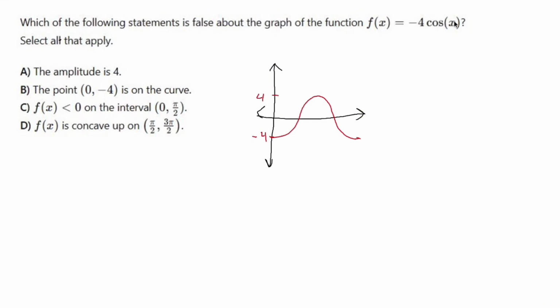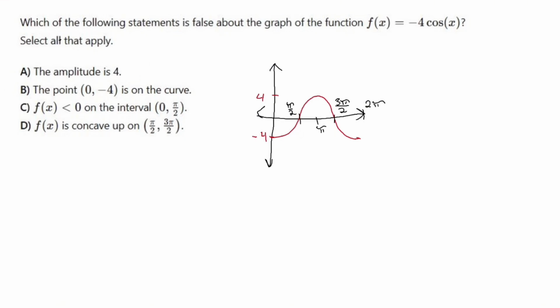Nothing happens inside the parentheses, so the period is still 2 pi, which means it bottoms out at 0 and 2 pi, and it peaks out at regular pi. It crosses over at pi over 2 and at 3 pi over 2 like that. All right, so I have my graph.